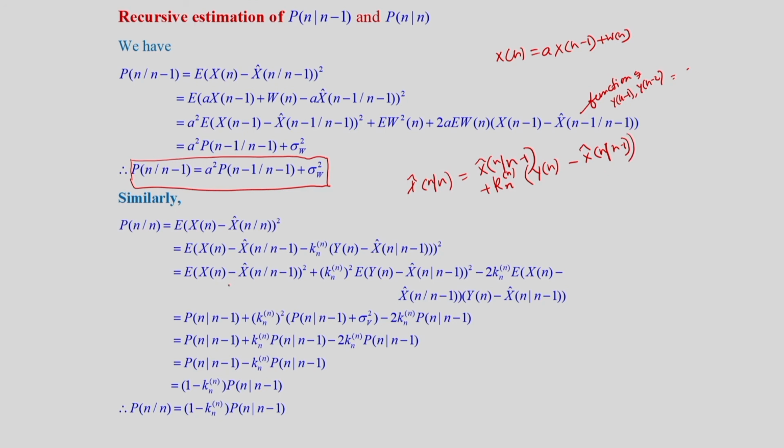So, we write like this. Therefore, E of (x[n] minus x̂[n|n]) whole square can be written like this.